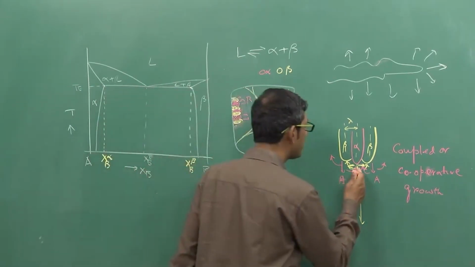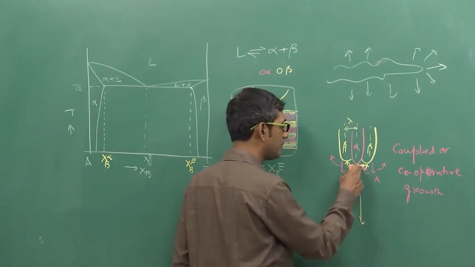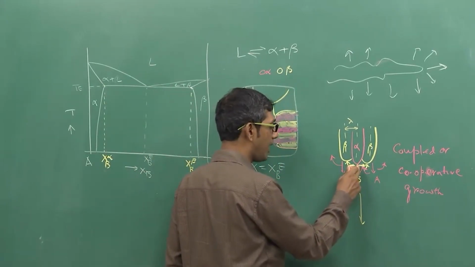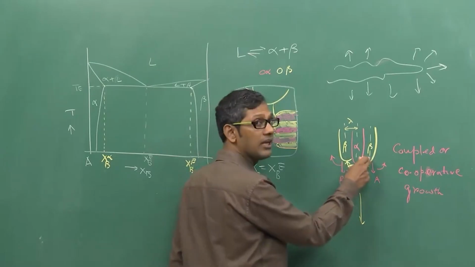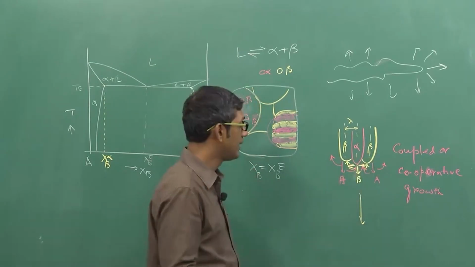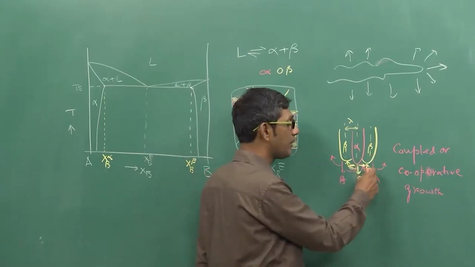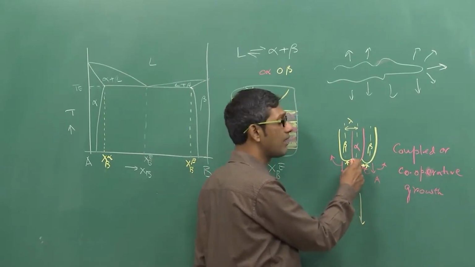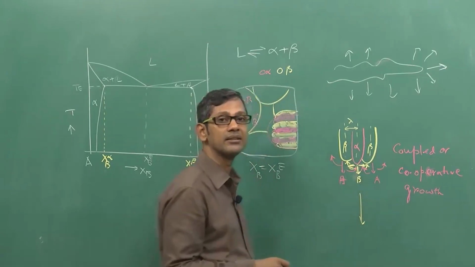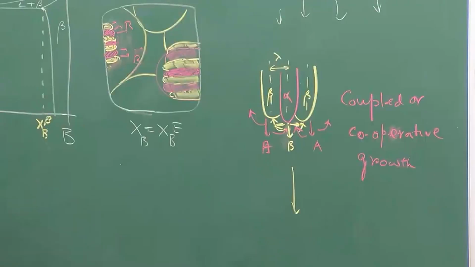Remember, the atoms from the tip of alpha, basically B atoms, they have to diffuse sidewise to reach the beta lamellae. Similarly, A atoms rejected by beta have to diffuse sidewise to reach alpha. These arrows indicate that, and this is completely interlinked.